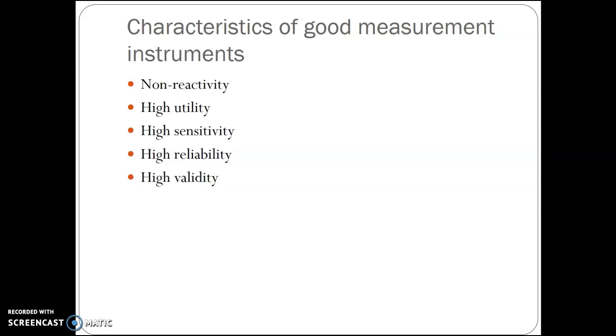That can get more complicated, but essentially you want instruments that are highly sensitive, that capture those ideas or variables that you have in mind. And then of course we're talking about reliability and validity. Those terms you've surely talked about before.